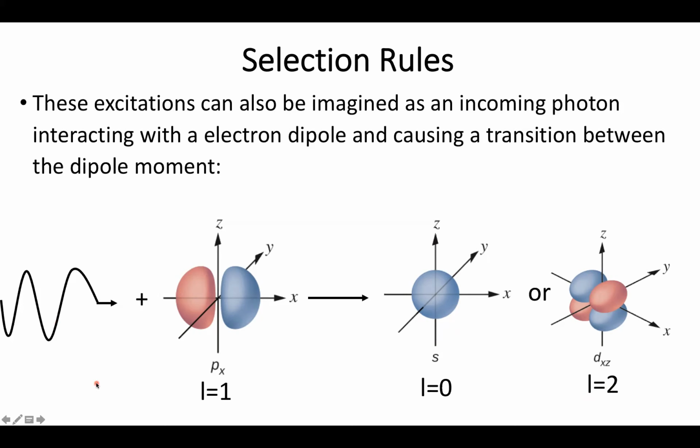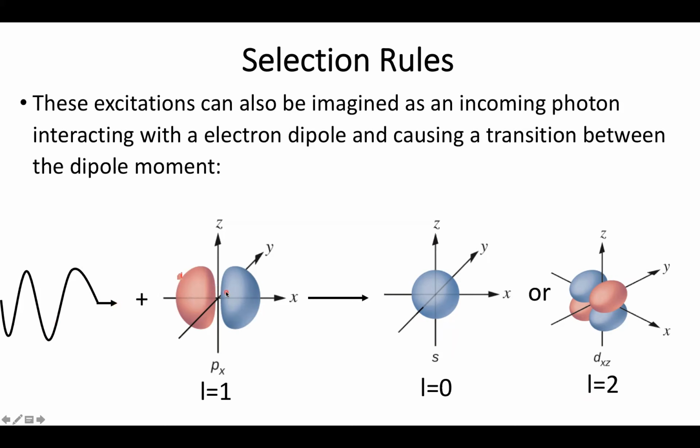You'll notice there's no way for this oscillating photon to combine with a p electron and generate a new p electron. Either my orbital angular momentum will increase or decrease. And again, one of the ways we can look at this is as a transition in the dipole moment.